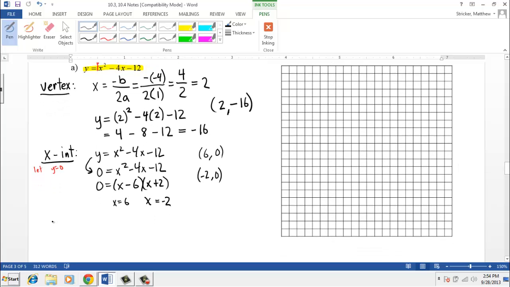And then the second thing we could do is find the y-intercept. To find the y-intercept, we let x equals 0, in which case we have y equals 0 squared minus 4 times 0 minus 12, which is just negative 12. So that gives us the point 0, negative 12.